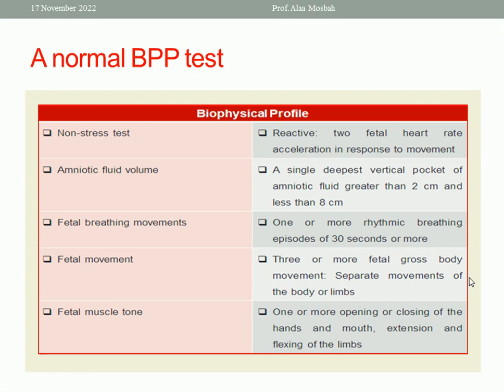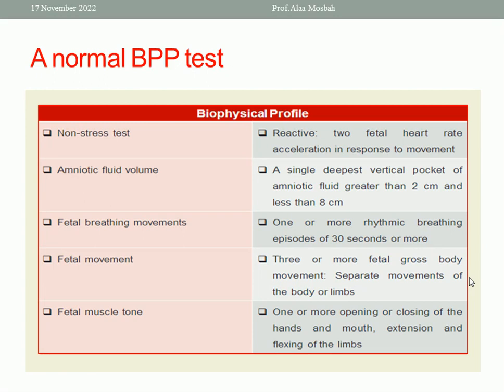Fetal muscle tone: 1 or more opening or closing of the hands and the mouth, extension and flexion of the limbs. So the result of the score, either 8 or 10, is reassuring or normal.